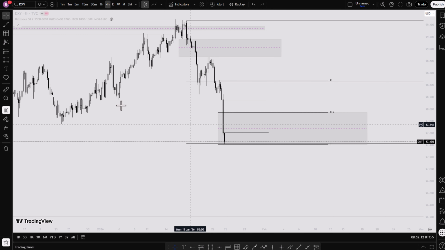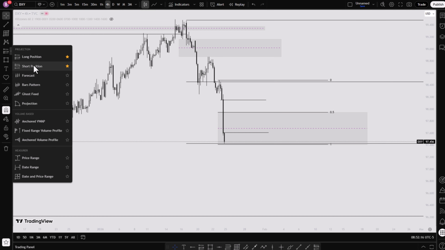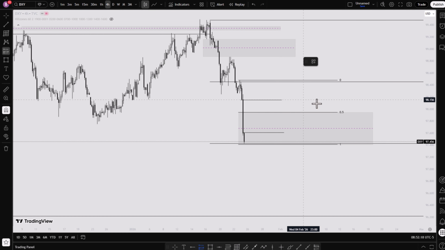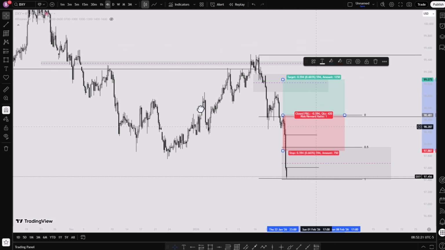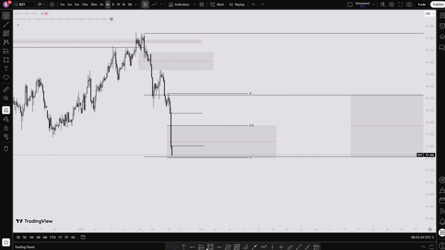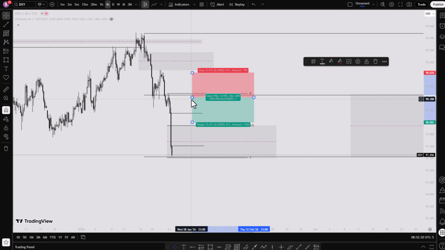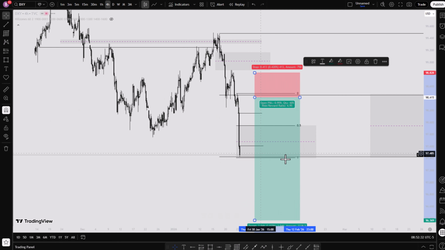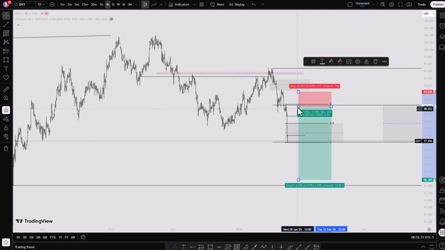But now the area of interest we have here, this is the area of interest in the market. This is the area of interest to sell in the market. We want to see price selling from this level.